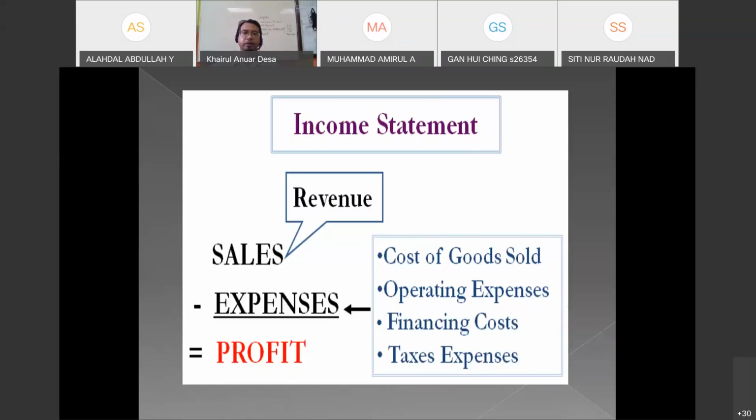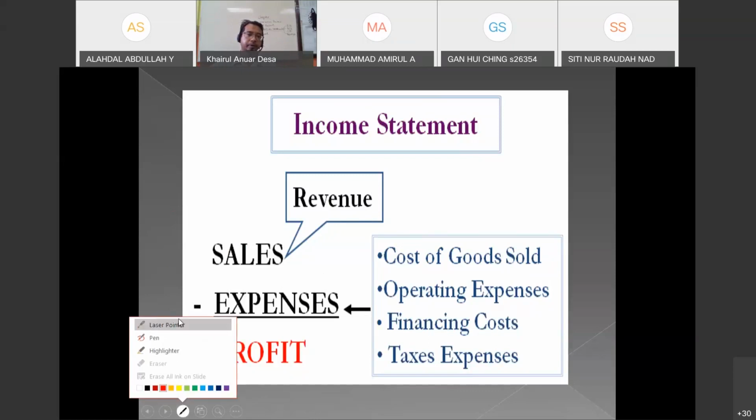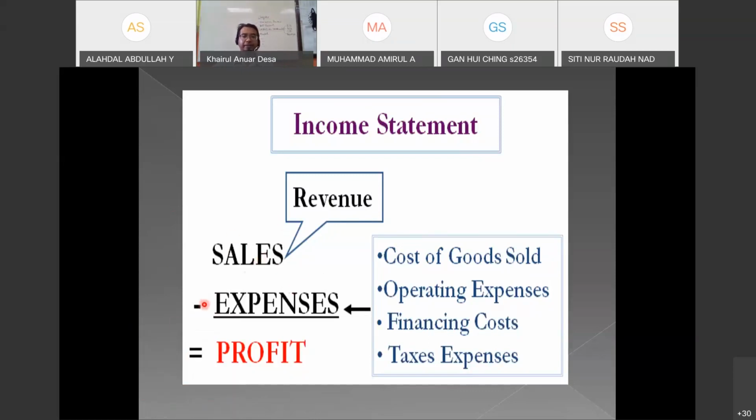So what is the content of the income statement? Okay, the basic content of the income statement is sales, here, sales. Okay, sales minus all the expenses equals profit. Okay, sales or revenue minus all the expenses equals profit. Kalau profit, if the sales are higher than expenses.